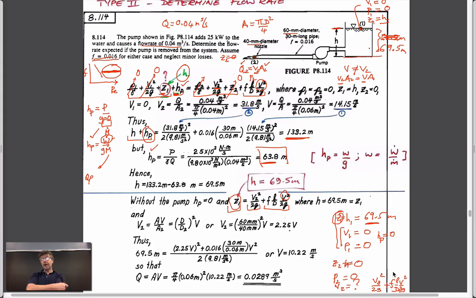If it was a turbine, for instance, and you calculate H to be negative in this case, you'd know that. Well, yeah, it's pumping it downstream.